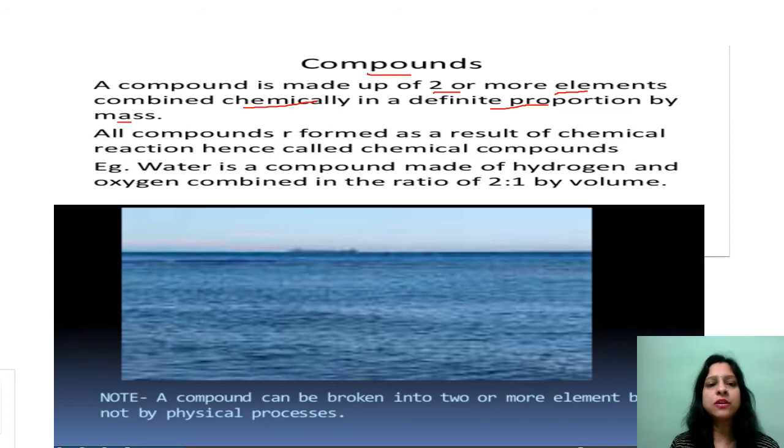Such a substance is known as a compound. For example, water. Now keep in mind that all compounds are formed as a result of chemical combination. When H2 reacts with O2, water is formed, which is known as a compound.